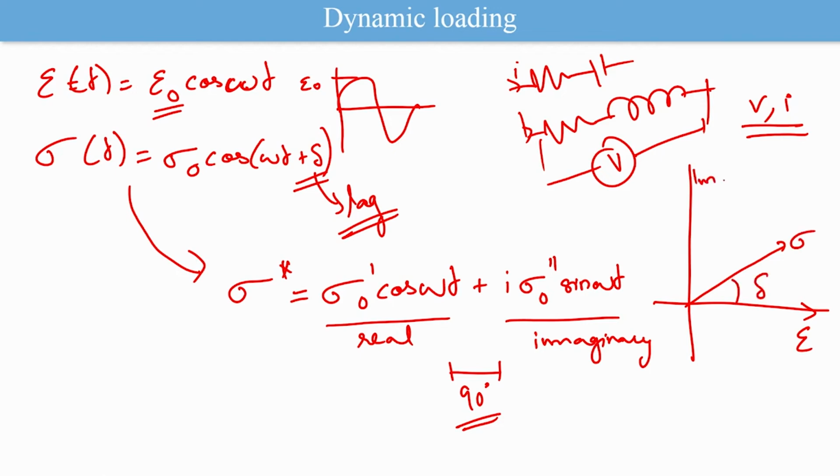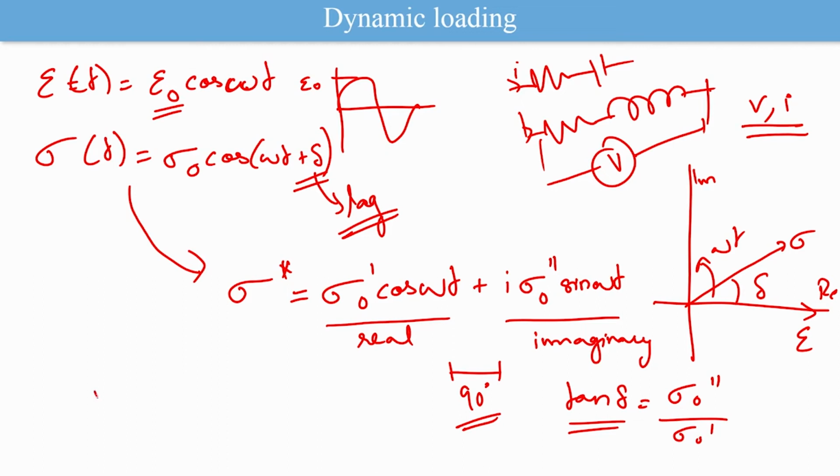This is the imaginary part and this is the real part. We move with an angular frequency of omega, and the phase in form of tan delta can be represented as sigma 0 double dash by sigma 0 dash.